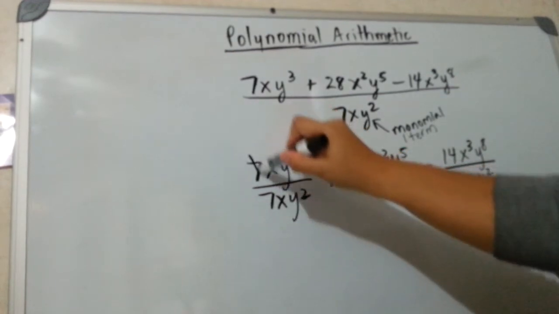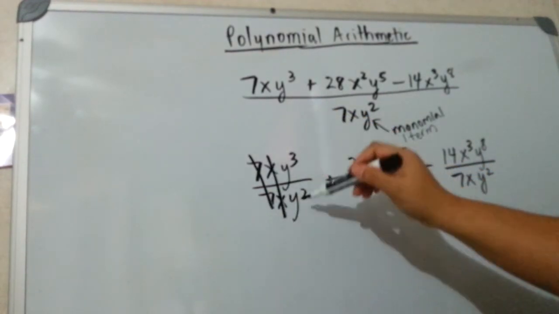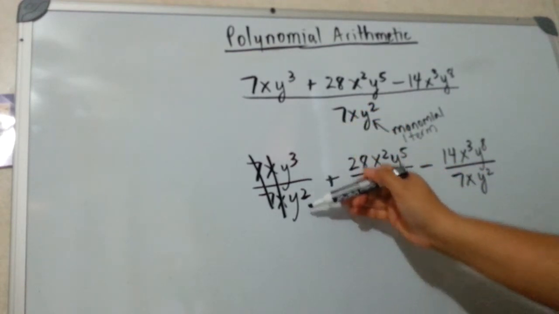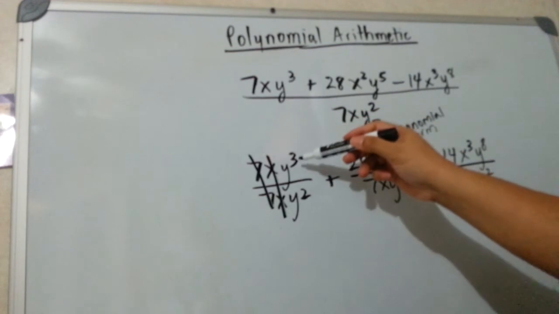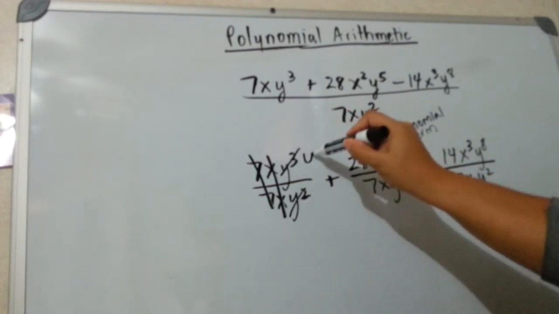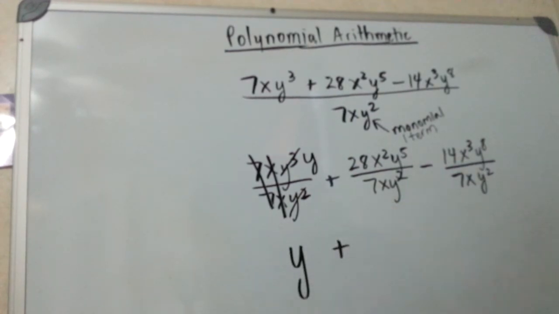So for example, the 7s cancel each other out, 1x and 1x. But these, you got to be careful, you have 3 y's and 2 y's. So only 2 of them are going to cancel and you'll be left with 1 on top, right? So 2 of them cancel, but you're left with 1 y here. So you've got a y left over.